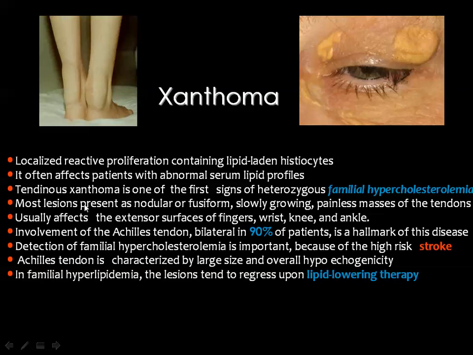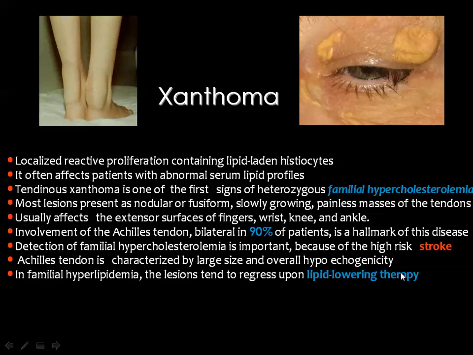Most of the lesions present as nodular or fusiform, slowly growing painless masses related to or arising in the tendons. Particularly, the Achilles tendon is one of the most common tendons in the body to be affected by this disease. As I mentioned here, involvement of the Achilles tendon, which may be bilateral in about 90% of cases, is the hallmark of this disease.